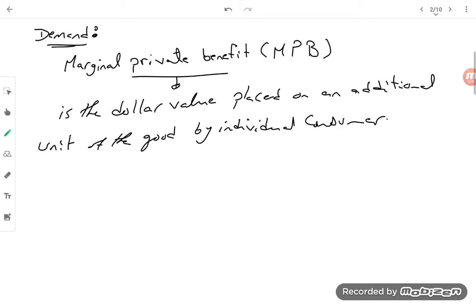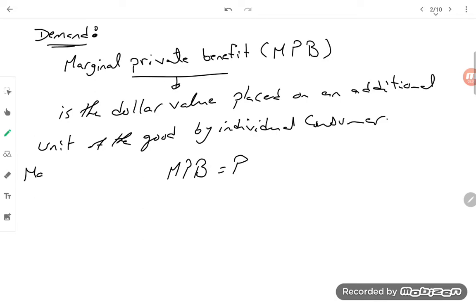As a result, in order to maximize your gain as a consumer, you are going to adjust the amount of any good consumed per month until marginal private benefit received is just equal to the price.